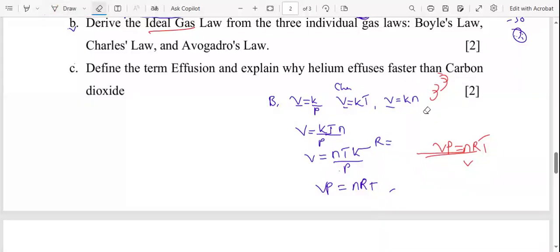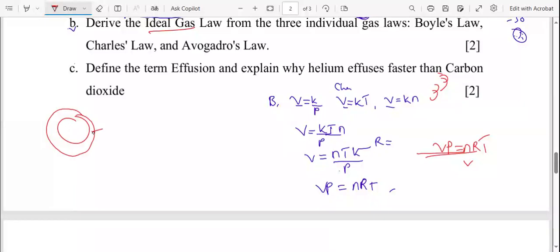If I'm to define effusion, it is the movement of gas through a thin hole under the influence of pressure. Let's say a tire is there, then there's a nail. The slow puncture that we experience, the air that is coming out, that is effusion, as a result of pressure inside.